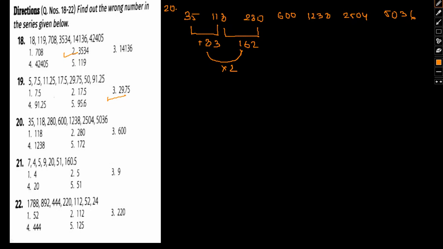This is into 2. Okay, so that way it should be another into 2. So if we go with into 2, then this particular value should be, what can you say, 280.